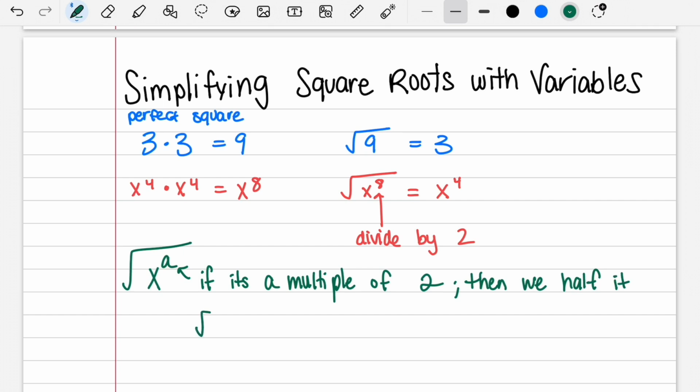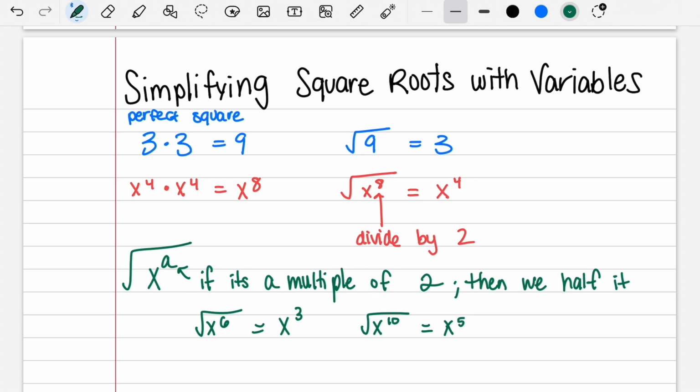For example, the square root of x to the power of 6 would be x to the power of 3, because x^3 times x^3, add the 3's, you get 6. The square root of x to the power of 10 would become x to the power of 5, because 10 divided by 2 is 5.